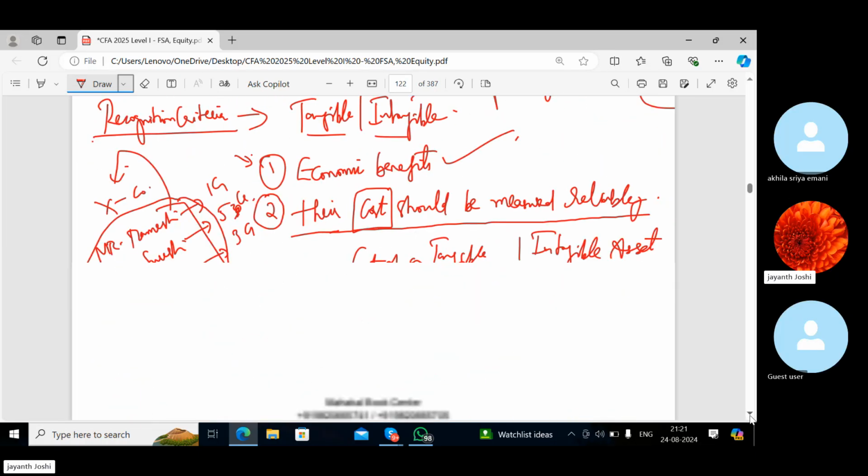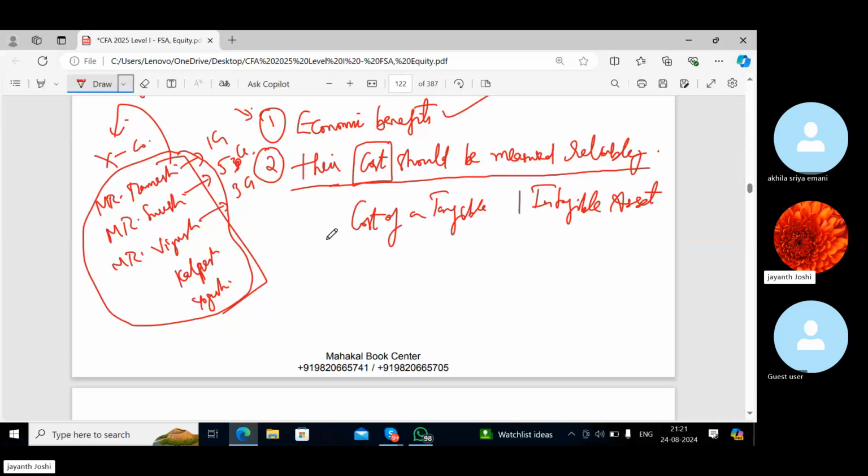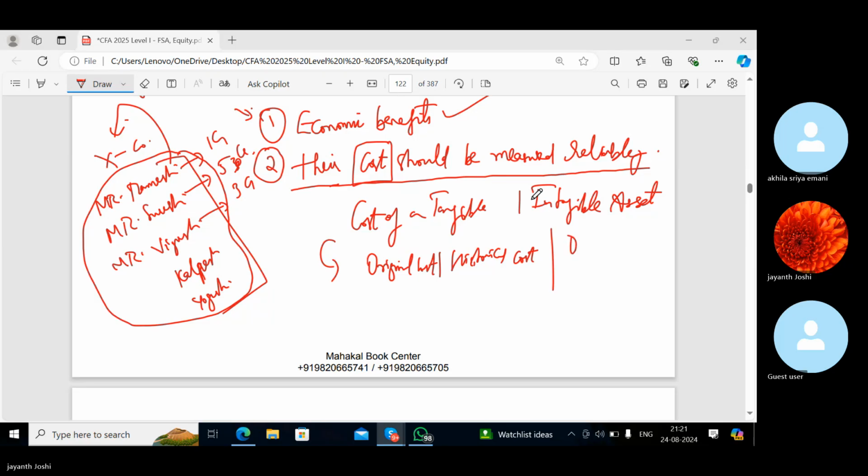Now coming to cost calculation, cost of a tangible asset, of course you'll take the original cost, also called historical cost.